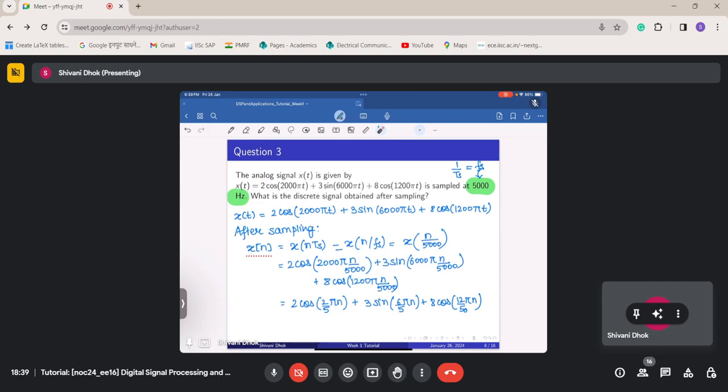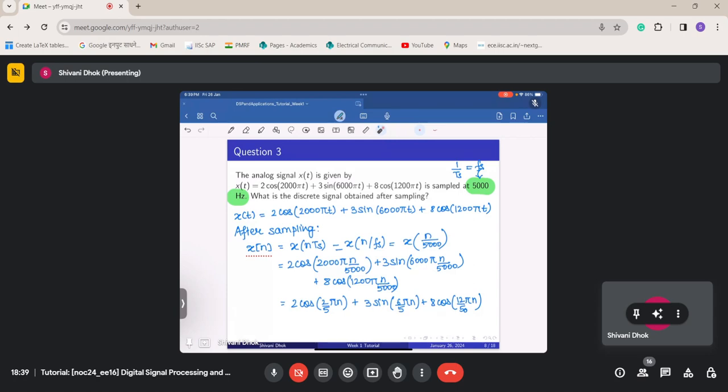Yes, ma'am, possible, because in the given signal the maximum frequency component is 600 Hz. So if you pass the samples through a low pass filter at a cutoff frequency of 600 Hz, I think we may reconstruct the signal.